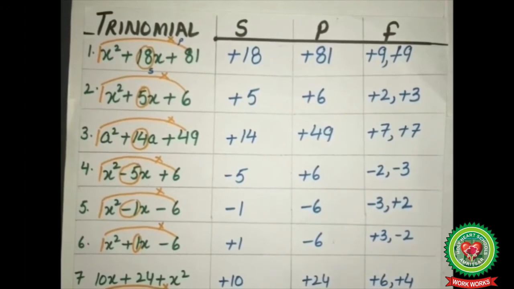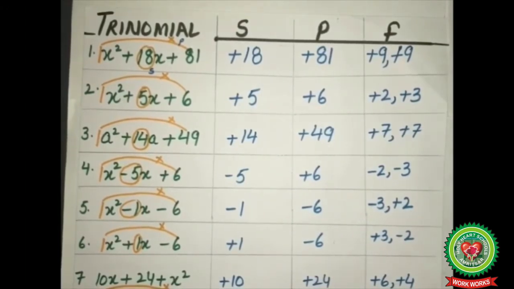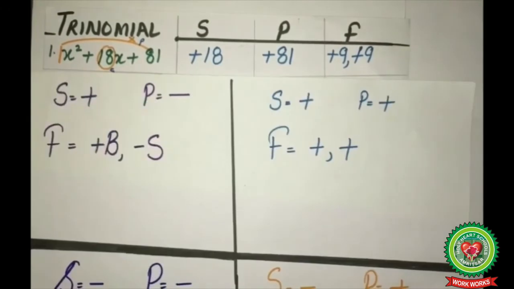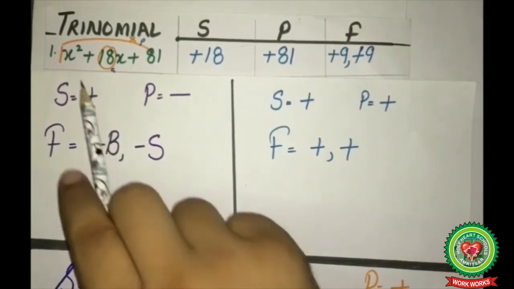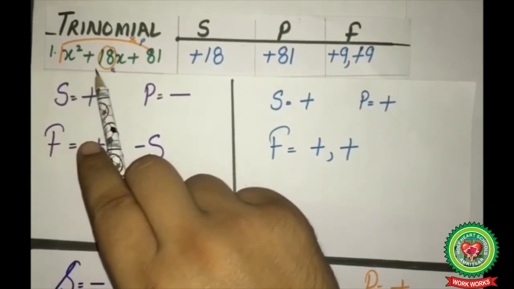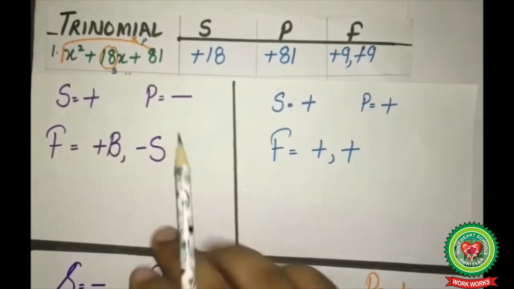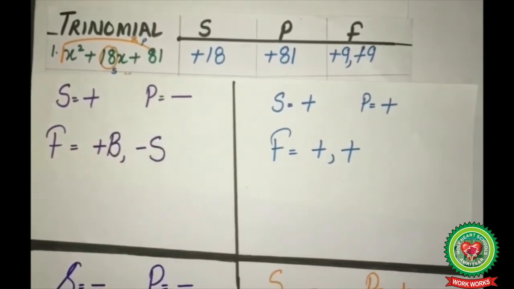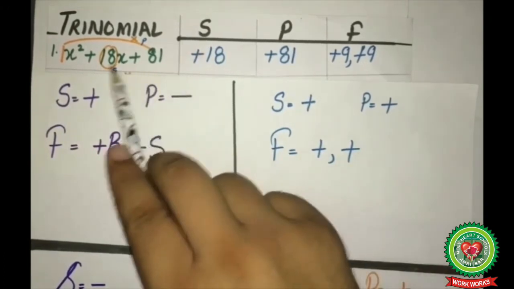Now we are going to discuss some examples for the identification of sum, product and the factors. The first example is x square plus 18x plus 81. We have already discussed that the sum will be the coefficient of x.